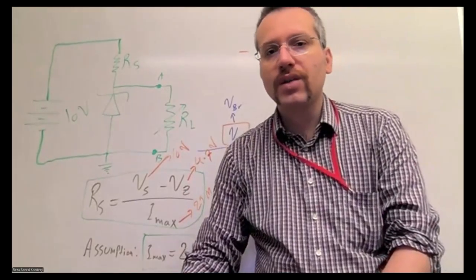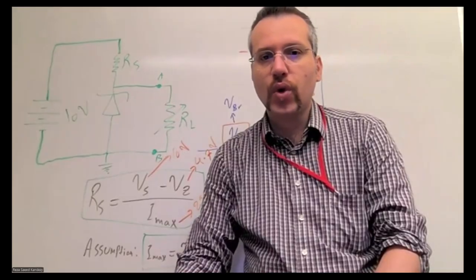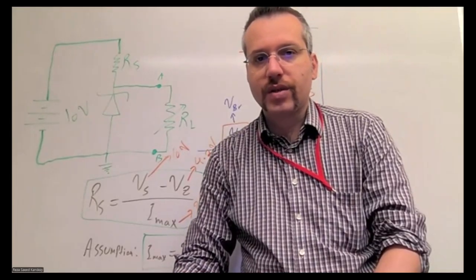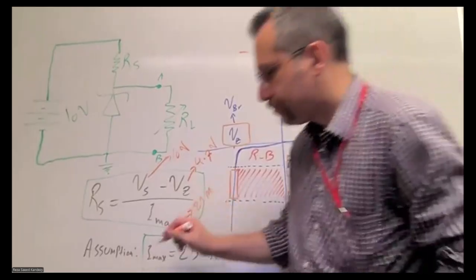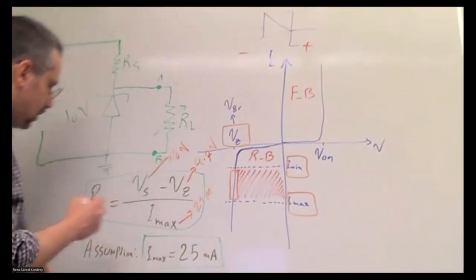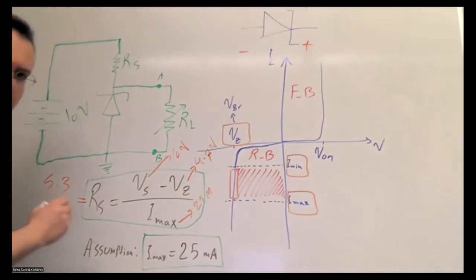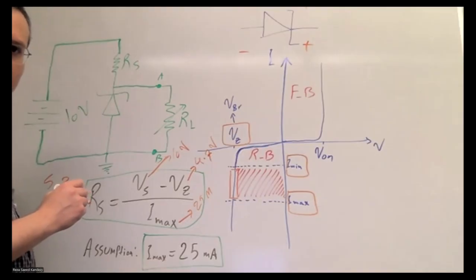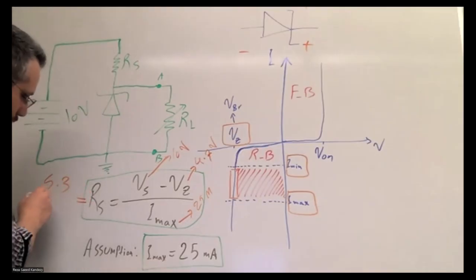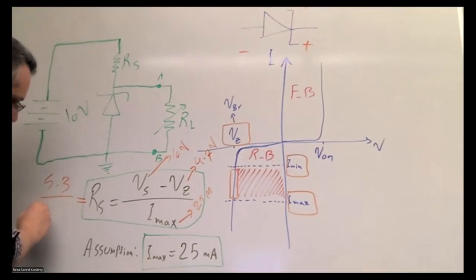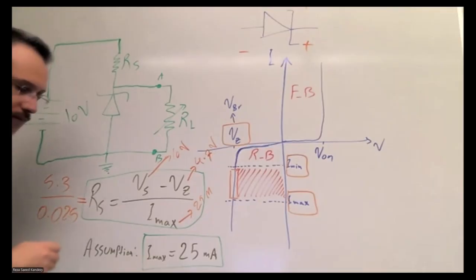So if we plug the values into our equation, it's going to be equal to 5.3 over 0.025.